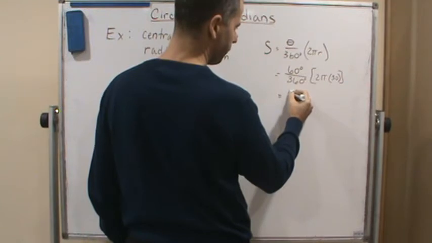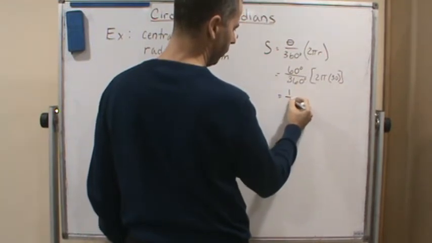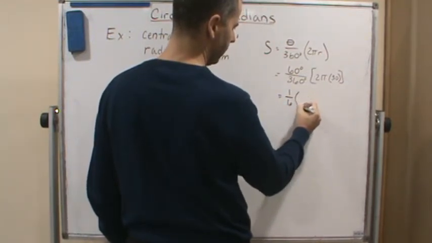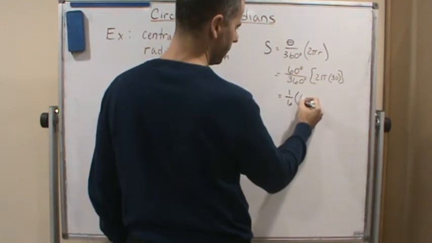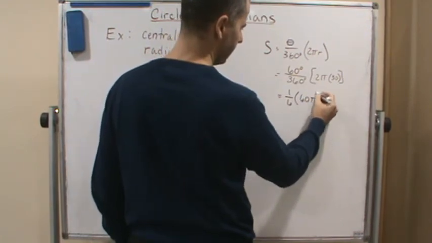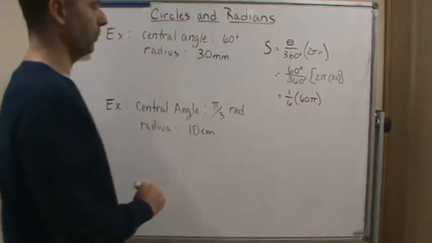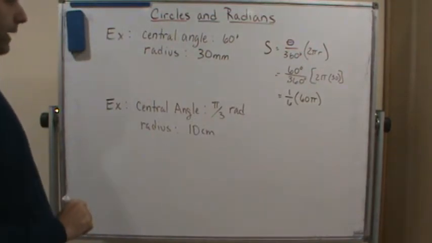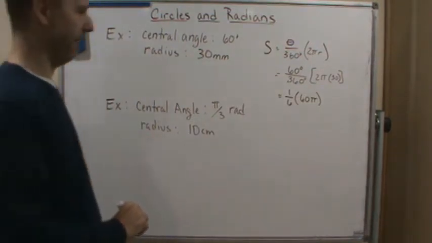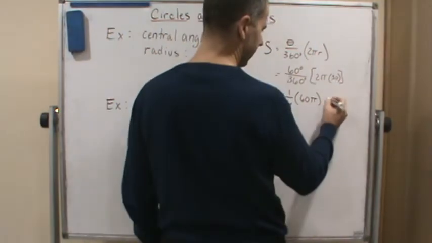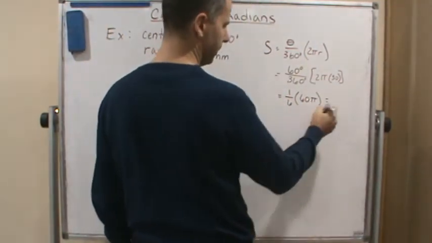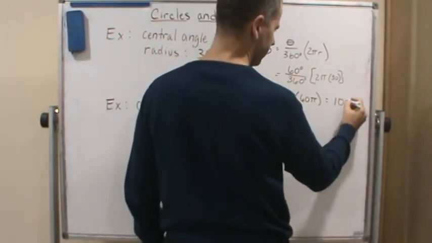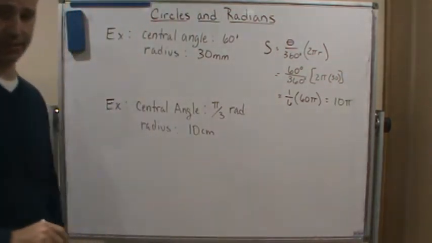So we get 1 over 6 times 60 pi, and this equals 10 pi, and that's the exact answer.